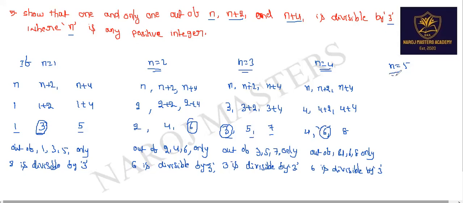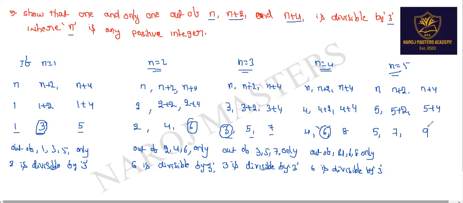See here, if you substitute n = 5 in n, n + 2, n + 4: 5, 5 + 2 = 7, 5 + 4 = 9.